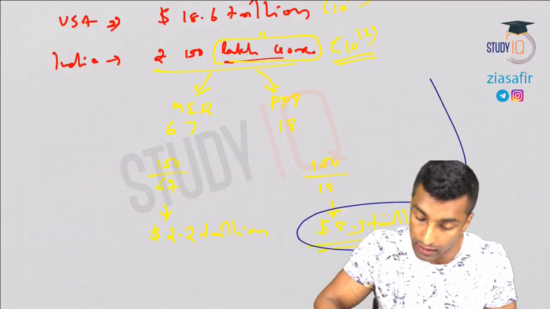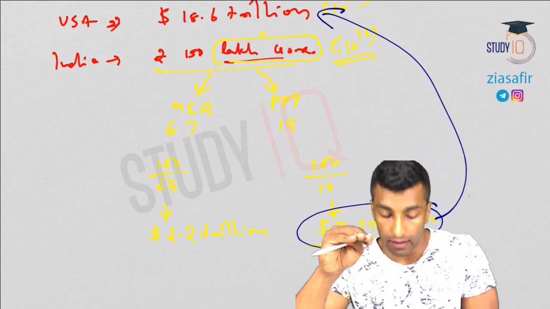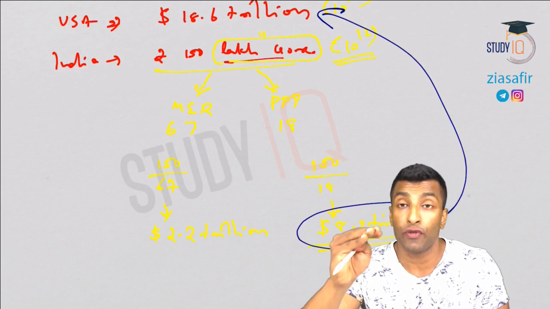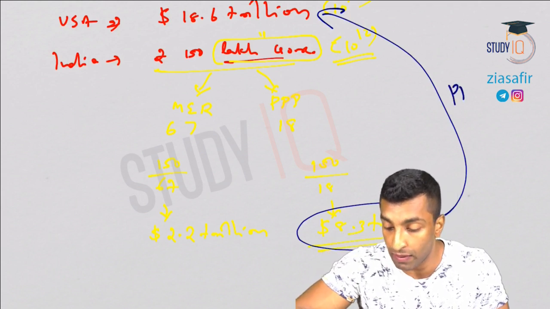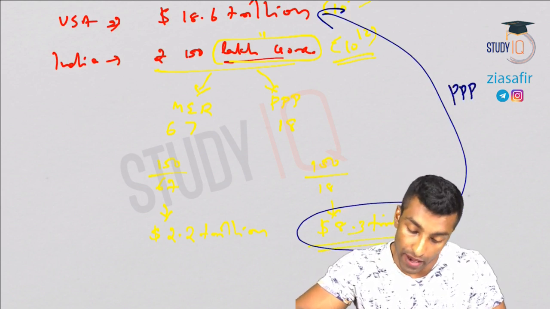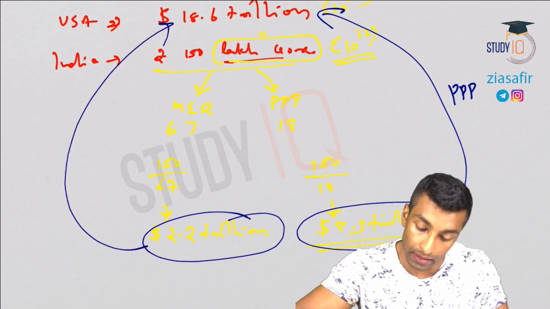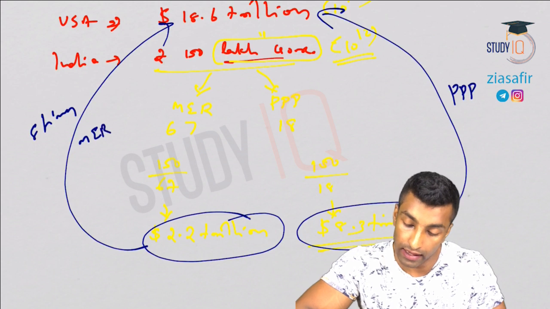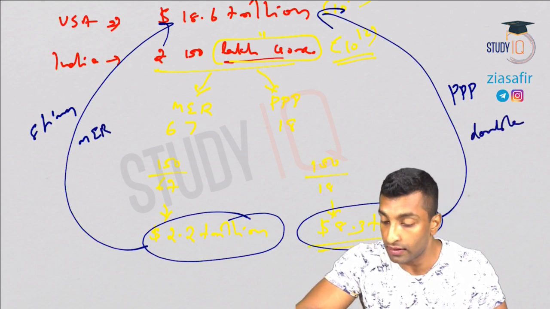So if you compare GDP of India with US, it is half, right? US is double that of India if you compare it on the basis of purchasing power parity exchange rate. But if you compare it on the basis of market exchange rate, it is around 8 times.